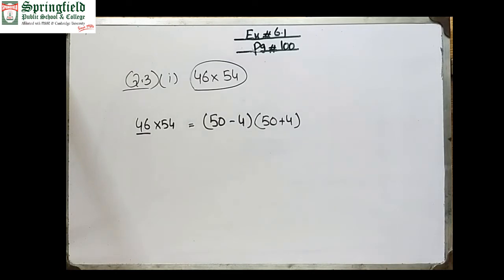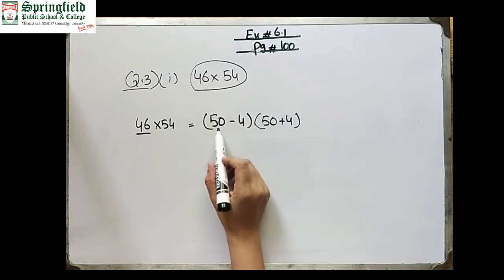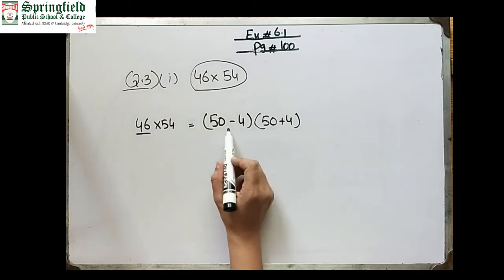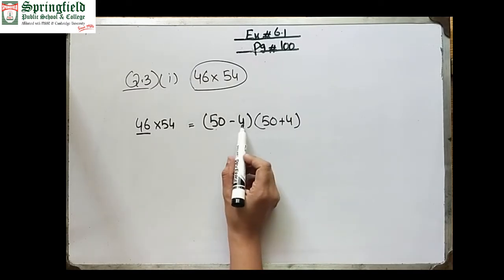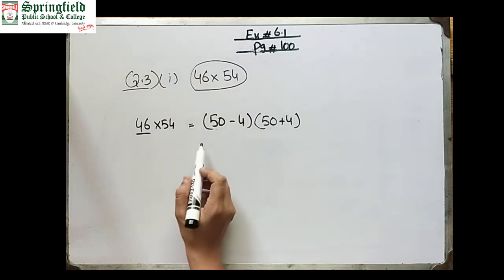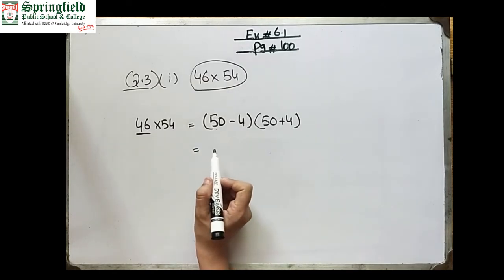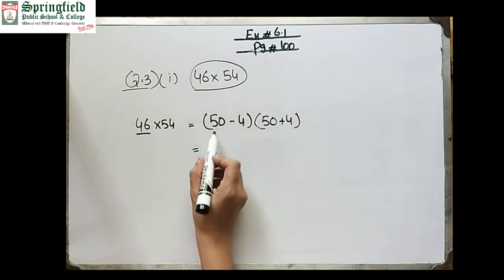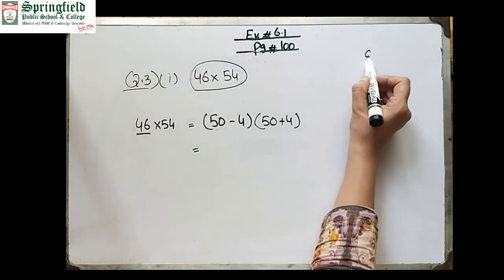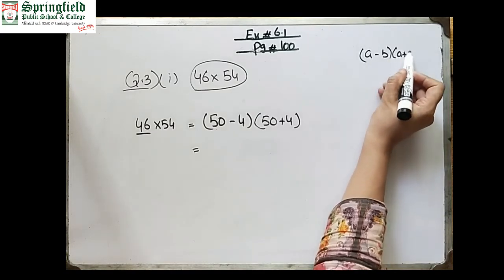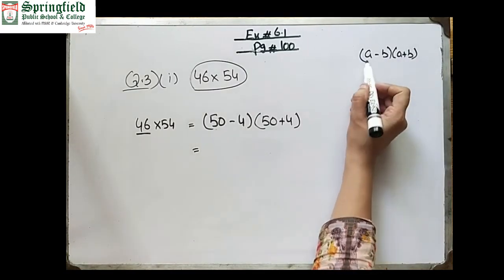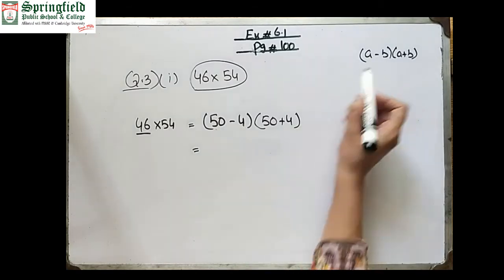So keep in mind beta, in both the brackets your values will be the same, just the sign will be different. 50, 50, 4, 4. So beta, do you remember that we have already discussed different types of formulas? A minus B, A plus B, where A is 50 and B is 4.